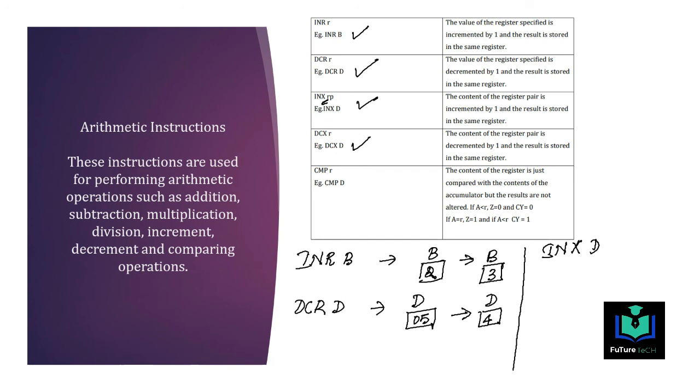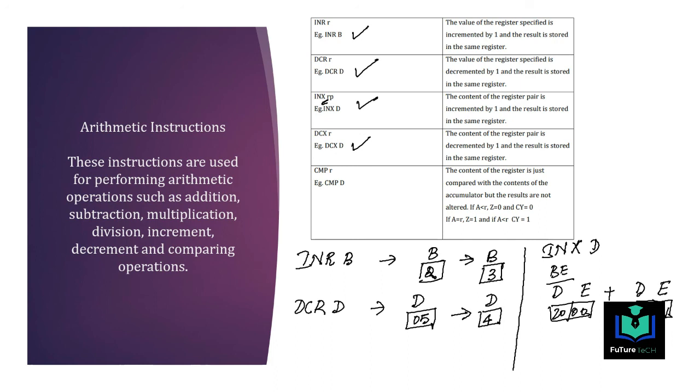Let's say before execution the content which is present in the DE pair is 2000. After executing the increment operation, the DE pair is updated by incrementing the lower order register E from 00 by 1. So at the end of the operation, DE contains the value 2001.